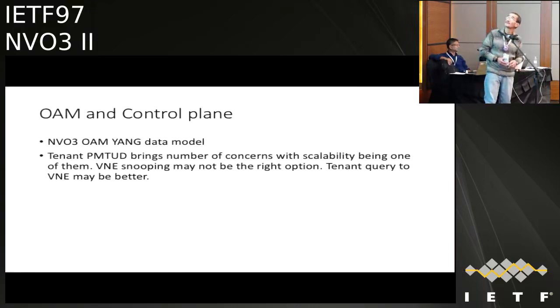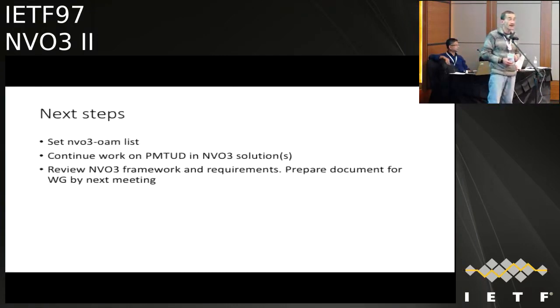Okay, and the next slide. So we discussed what could be next steps, and we agreed that those interested in this work will be able to sign up to the NVO OAM list, and possibly work on some solutions, one of them being this MTU discovery scenario in different variations.